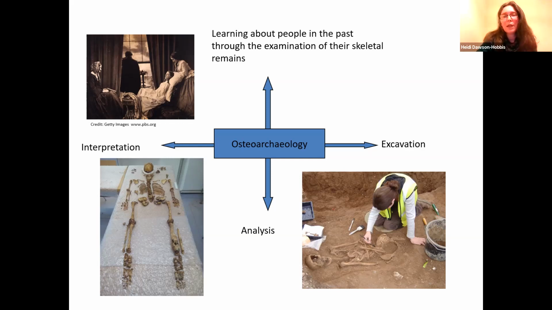And so again, we can then think about, what does that mean for this person while they were alive? So although I'm dealing with individuals who are obviously a long time deceased, we like to think about the evidence we see on their bodies, that evidence for disease, how that may have affected their lives.